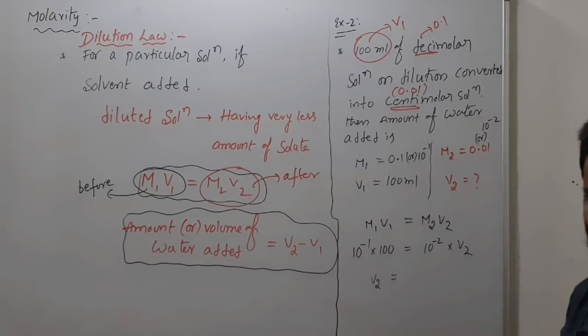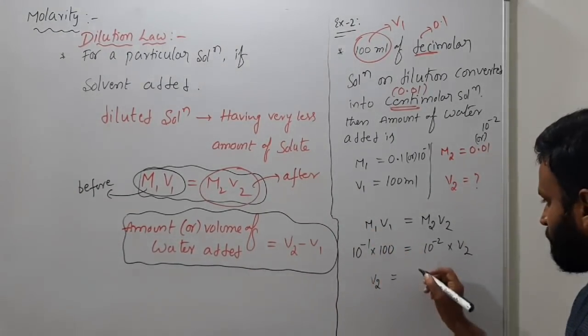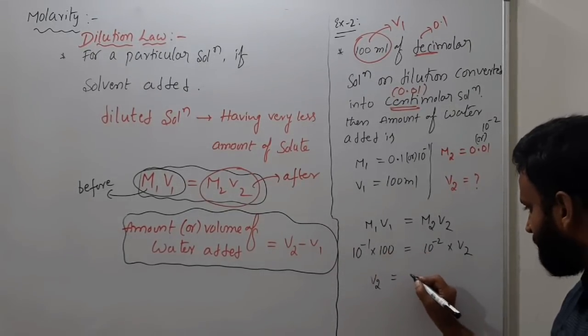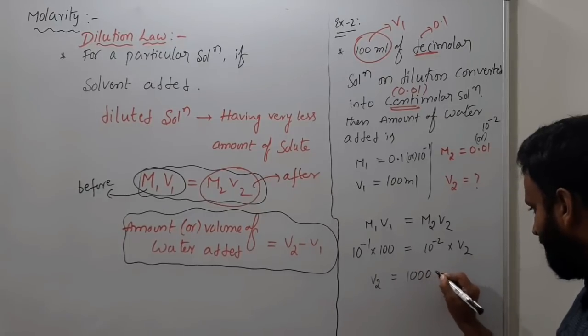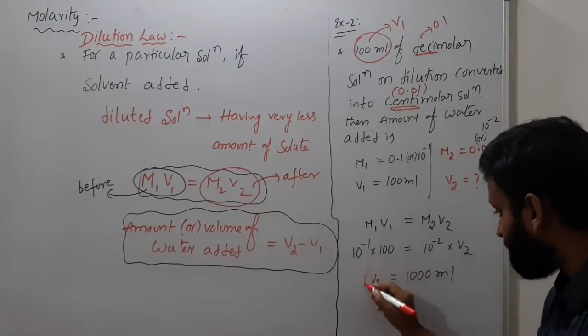So this comes here, divided by 10 power minus 2 goes to the numerator as 10 power plus 2. So 10 power minus 1 and 10 power 2, so 10 remains. So V2 will be 1000 ml.